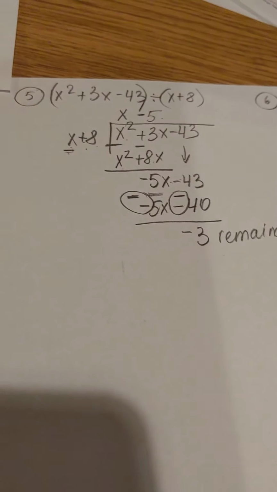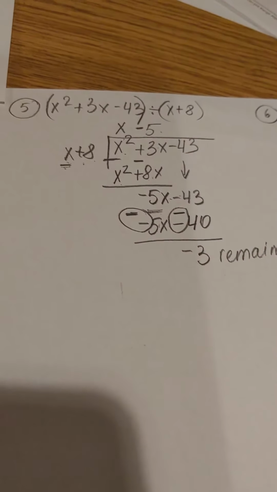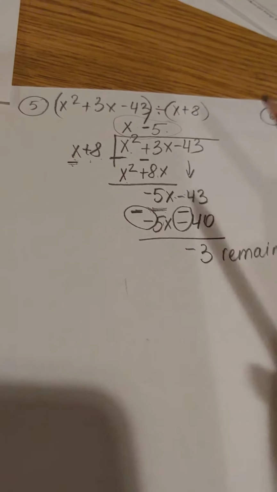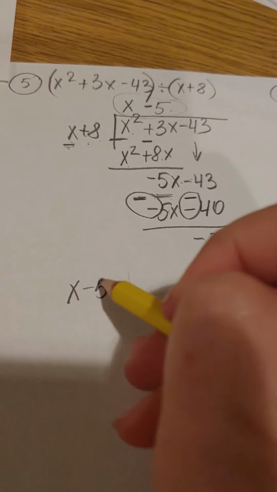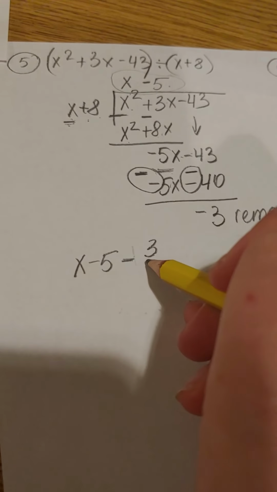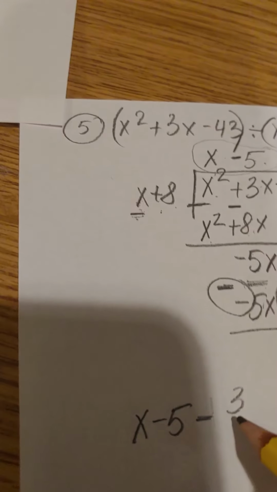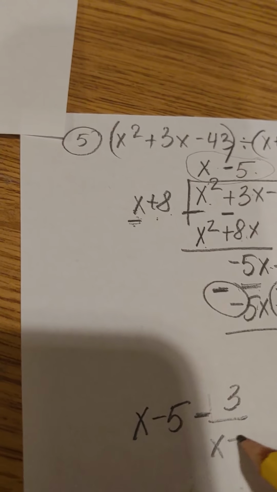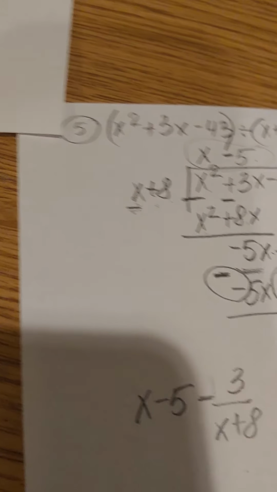Okay, so now all I have to do is write down the answer. And my answer is the stuff on top here, which is x minus 5. And then we're going to put negative 3, and on the bottom of the fraction, we're going to put x plus 8 because that's what we were dividing by.